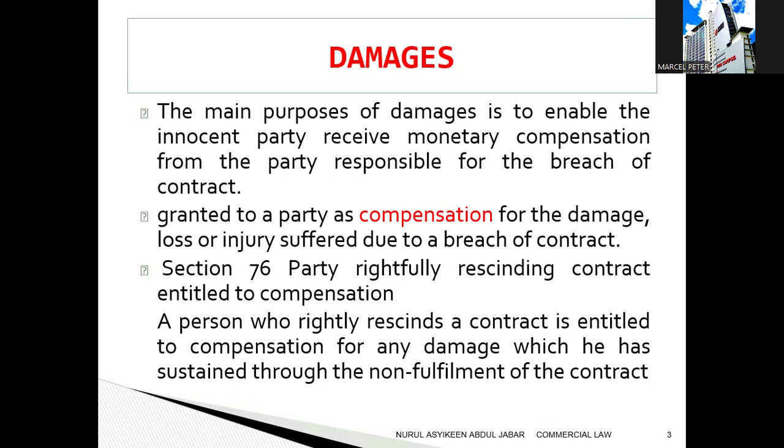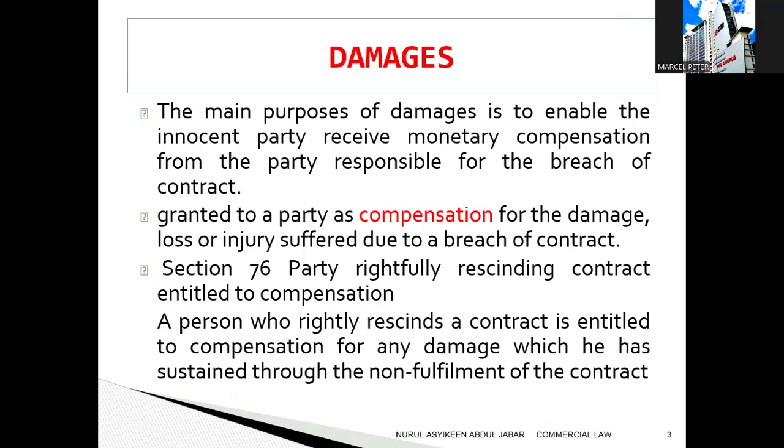Damages are not a punishment. Their purpose is to put the innocent party in the position they would have been in if the contract had been properly performed. Under Section 76, a party who rightfully rescinds a contract is entitled to claim compensation for any loss suffered due to the non-fulfillment of the contract.